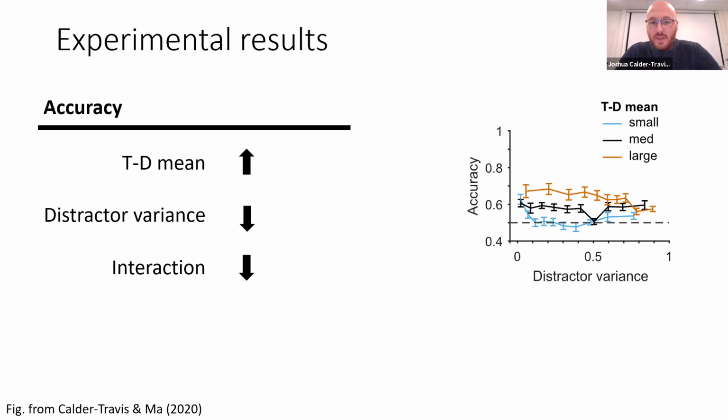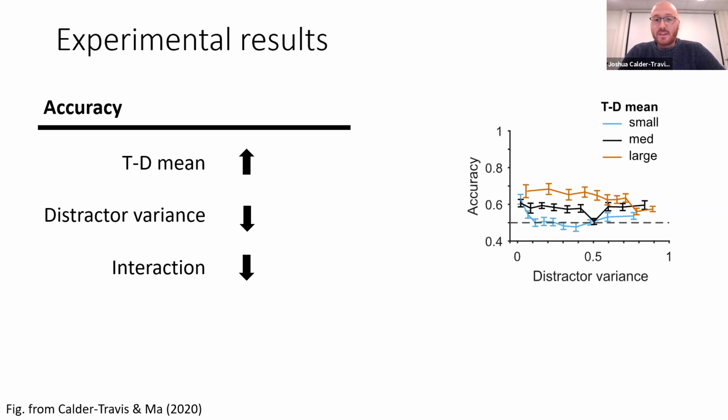To analyze the results, we ran logistic regressions, with distractor statistics as predictors and accuracy as an outcome variable. We took the coefficients from those regressions and analyzed those across participants. This analysis suggested that as target to distractor mean difference increases, accuracy increases.